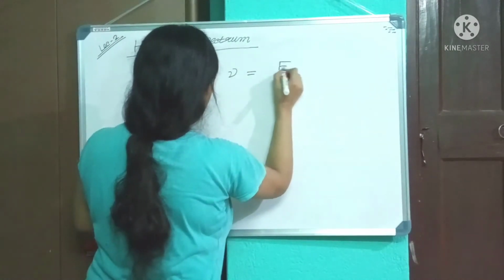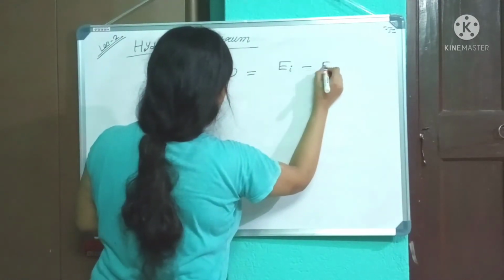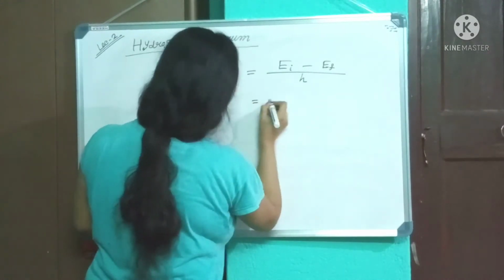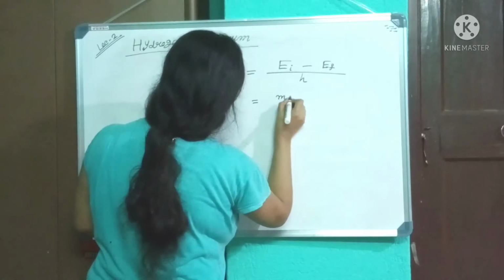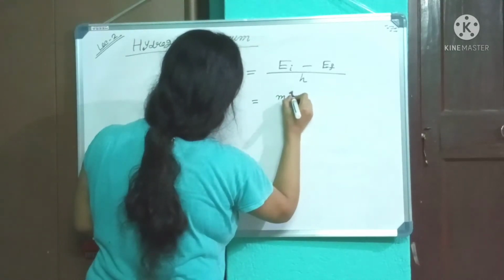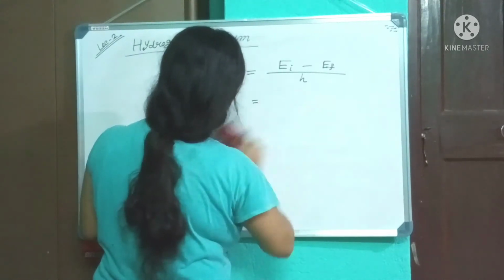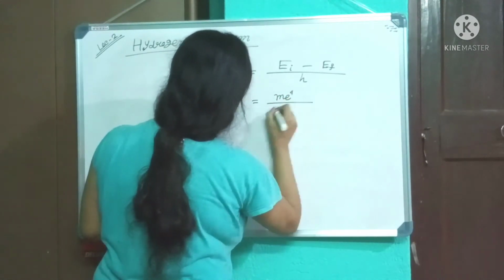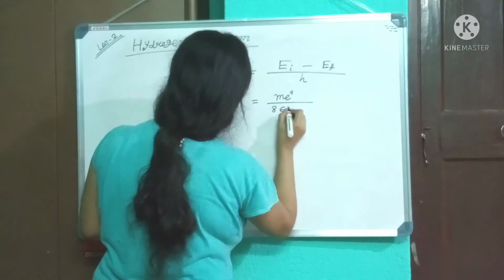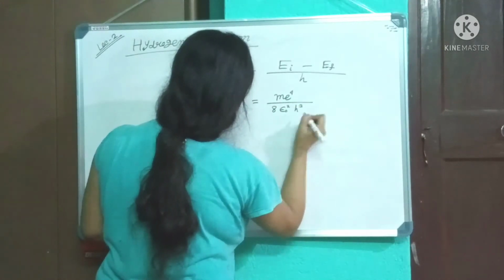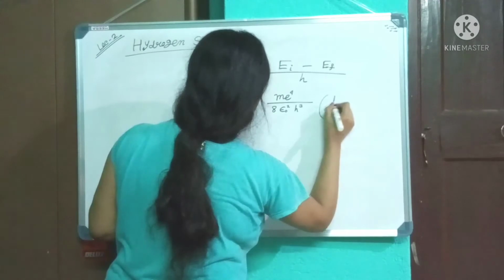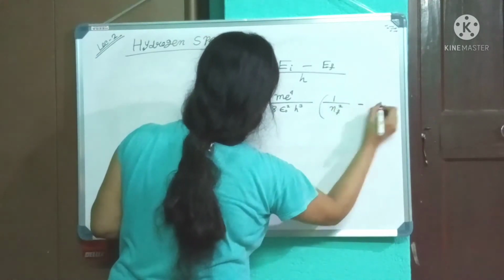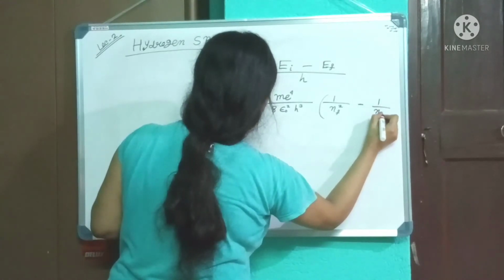Now, when an electron makes a transition from energy state Ei to Ef, applying Bohr's frequency rule, we get nu equals (Ei minus Ef) by h, which equals m e to the power 4 by 8 epsilon naught square h cube into (1 by nf square minus 1 by ni square).